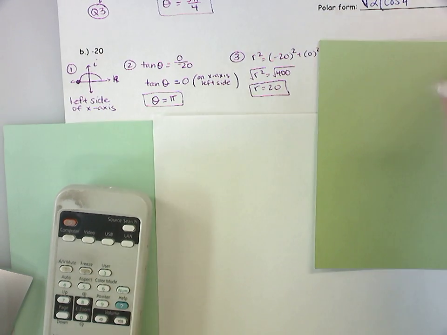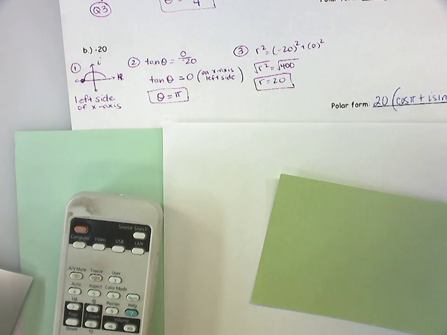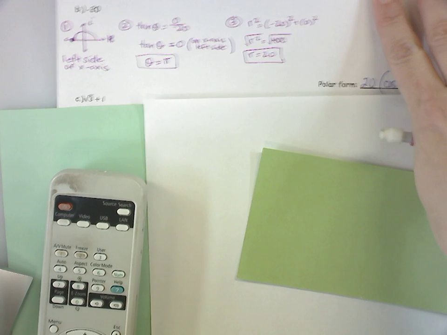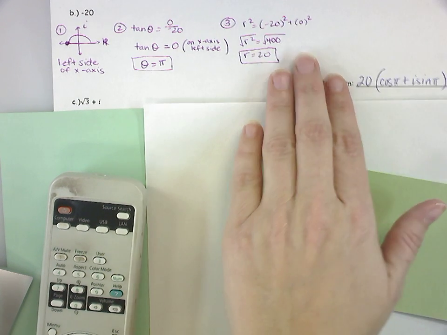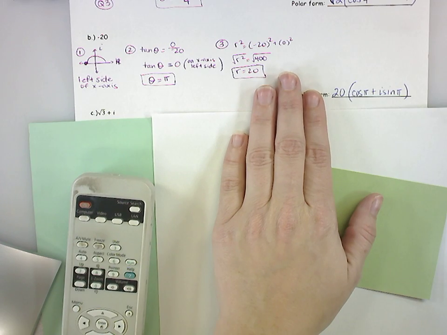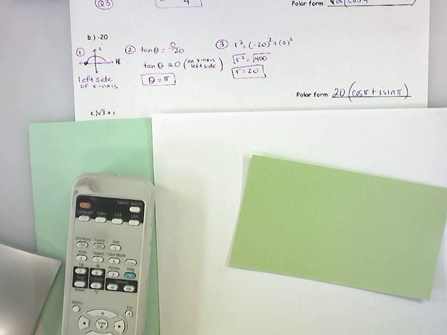Okay. So then you're going to write it in polar form if you haven't already. Do you guys have any questions about using that equation to write it in polar form? I know you did that yesterday on your chart, but I didn't know if that was okay. Yep. So why would you use the cosine of pi instead of the value of pi? Oh, like instead of simplifying it? Yeah. For this, because you're writing it in polar form, you keep it in this format.